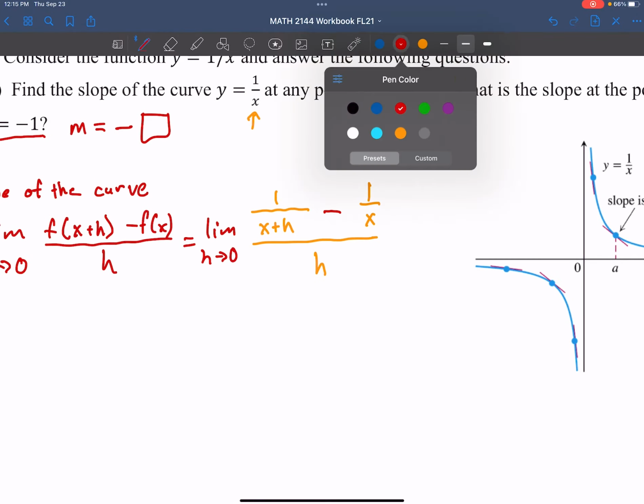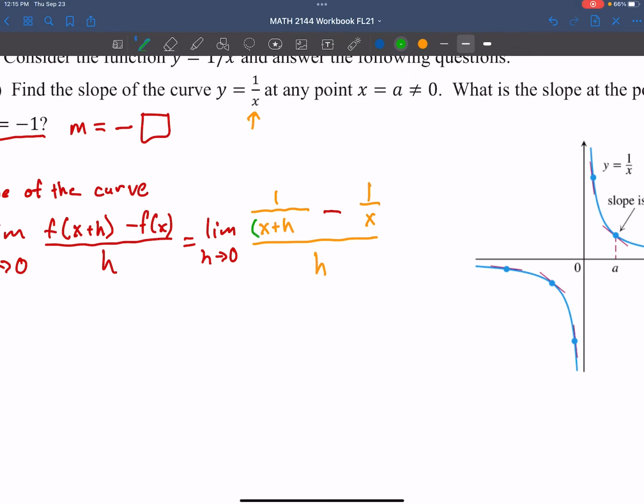I'm going to take the standard approach of getting a common denominator. So in the numerator, I'm going to multiply top and bottom of that one by h, top and bottom of this one by x plus, hold on, do I want to multiply by h? I don't want to multiply it by h. What do I want to multiply it by to get a common denominator? x. I want to subtract it with this, so I need an additional x there.